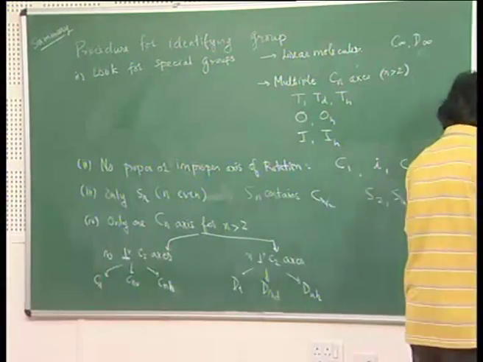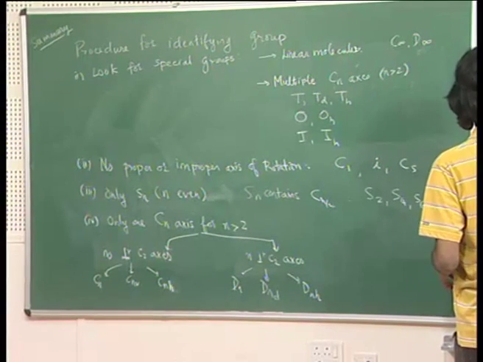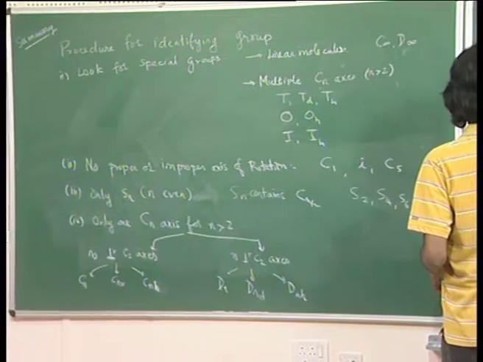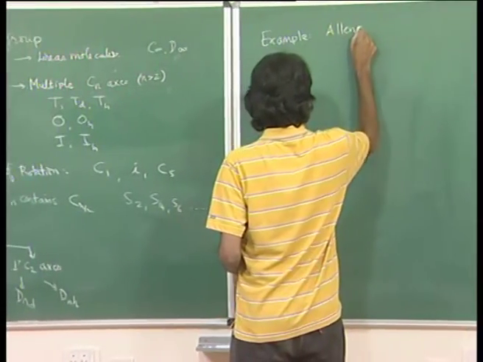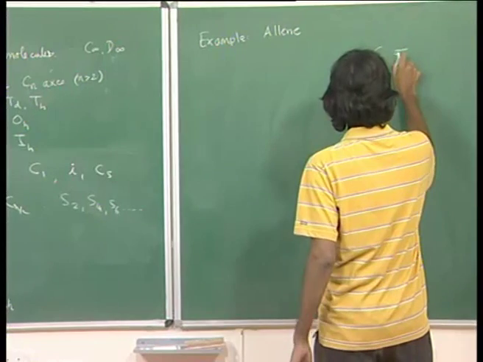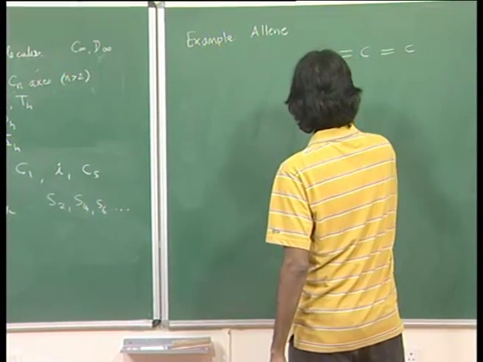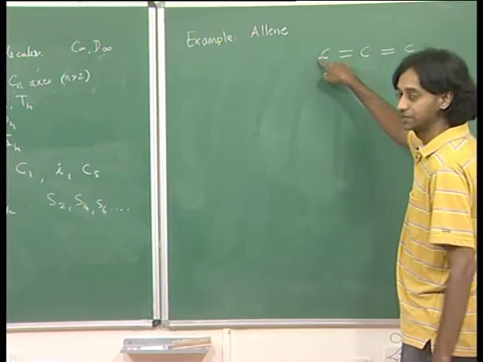This is the Allene molecule. I will take an example. The Allene molecule has C, and this has 2 hydrogens and this has 2 hydrogens.